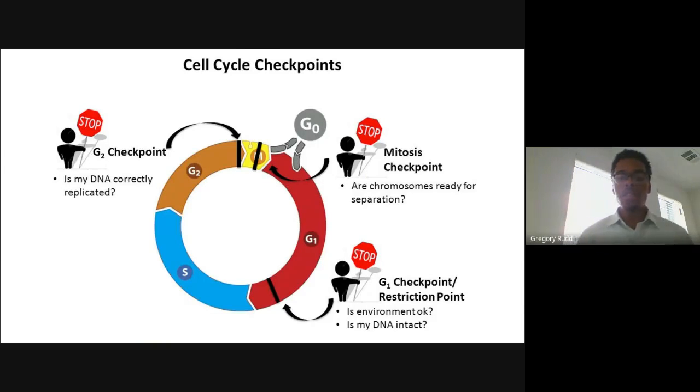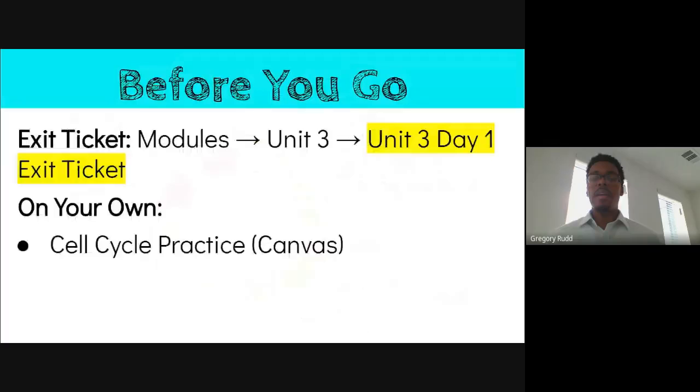Before I start mitosis, have I replicated my DNA? Then I get to mitosis or meiosis, and then I want to ask myself, are my chromosomes ready for separation to actually become 2 new cells? So those are some example questions of the checkpoint.